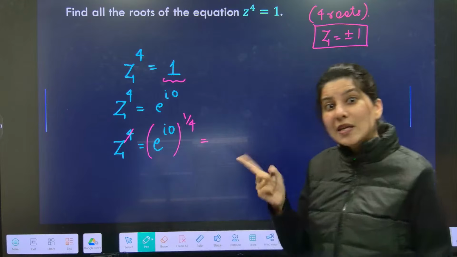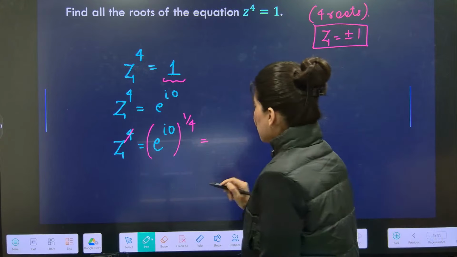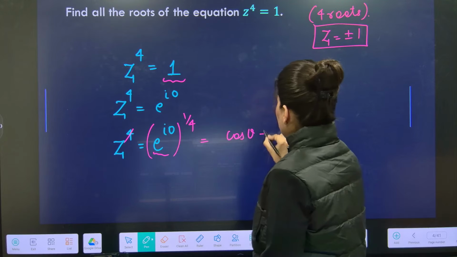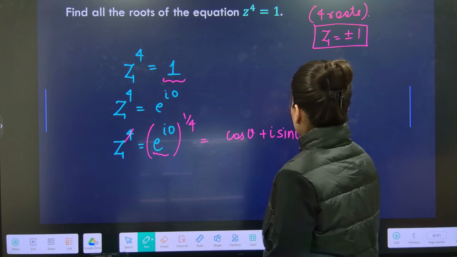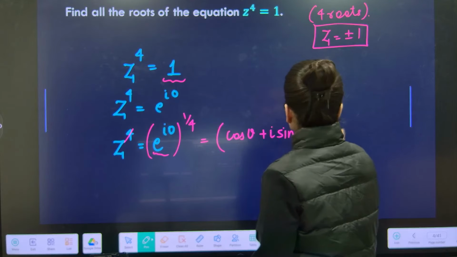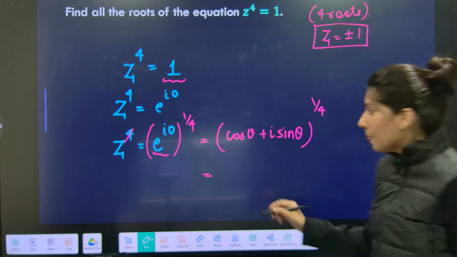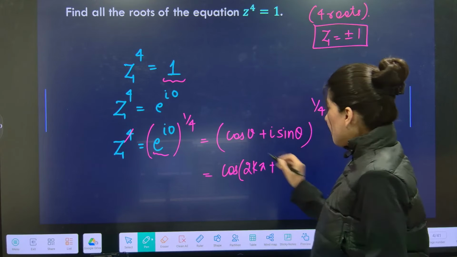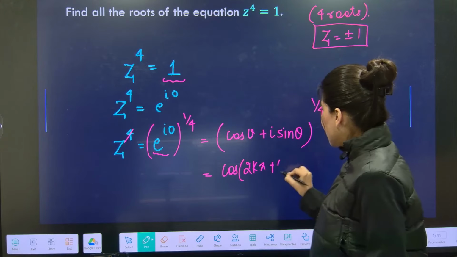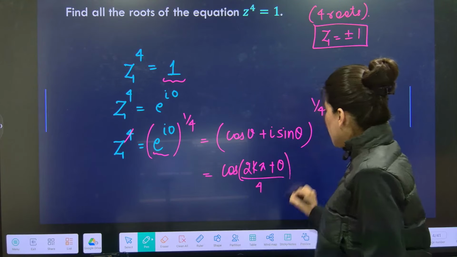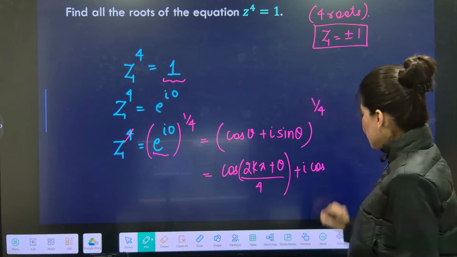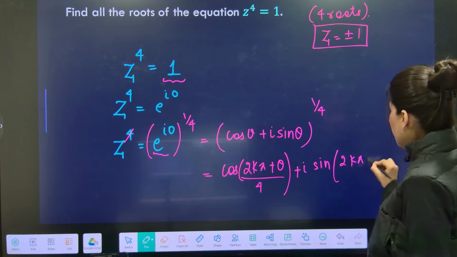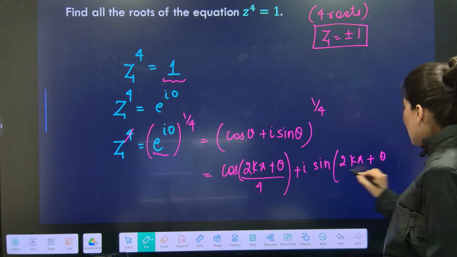Now remember p by q de Moivre's theorem. So this is going to give you what? e power iota theta is cos theta plus iota sin theta. Power 1 by 4 is equal to cos of (2k pi plus theta) by 4 plus iota sin of (2k pi plus theta) by 4, correct?